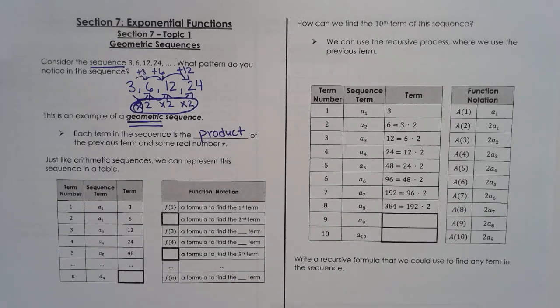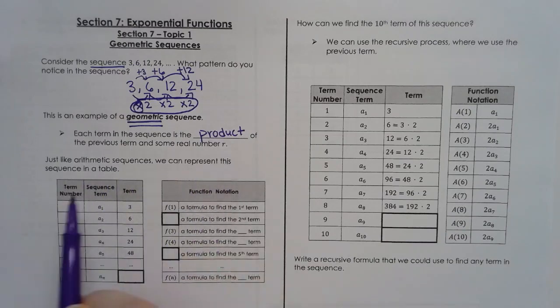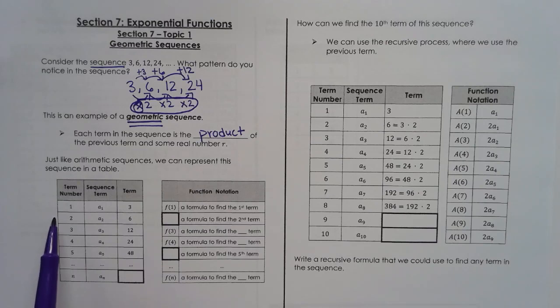So just like our arithmetic sequences from before, we can represent this sequence in a table. Term 1 is a sub 1, which is 3, then 6, 12, 24, 48.